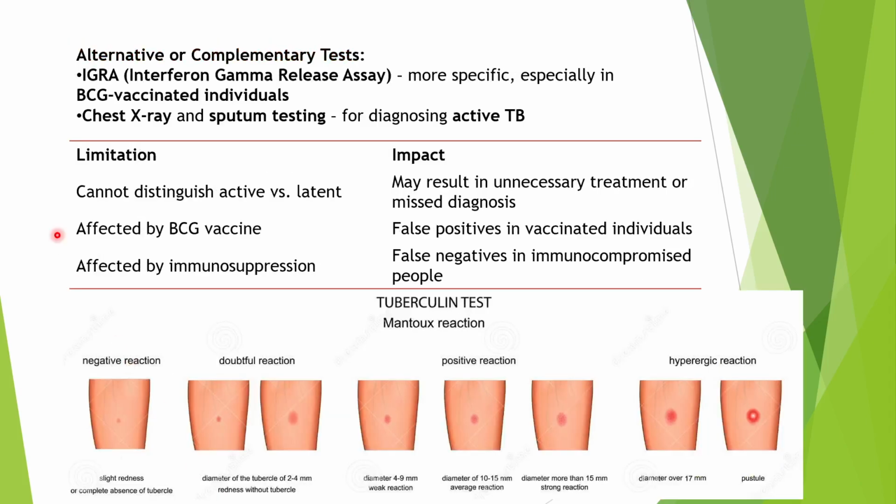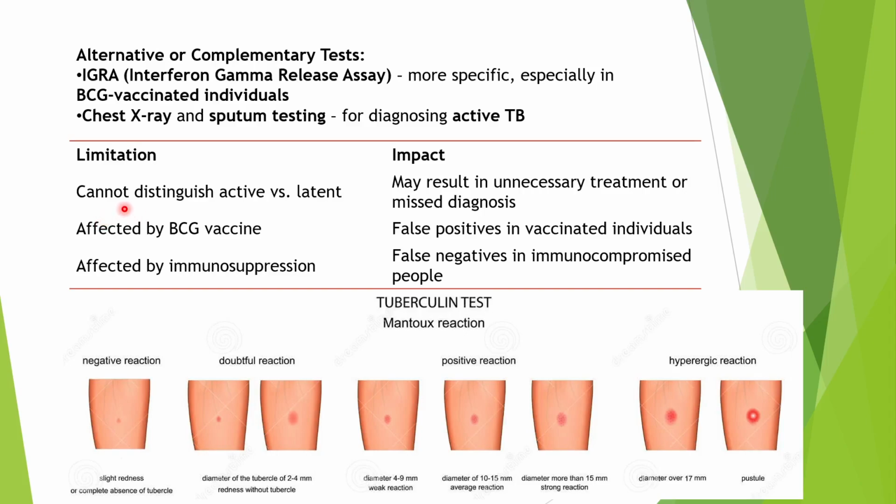So the alternatives or complementary tests are the interferon gamma release assay, that is IGRA, which is more specific, especially in case of BCG vaccinated individuals. Most people are BCG vaccinated, so in such cases, it's better to go for alternatives. And a chest X-ray definitely, and sputum testing can diagnose active TB.